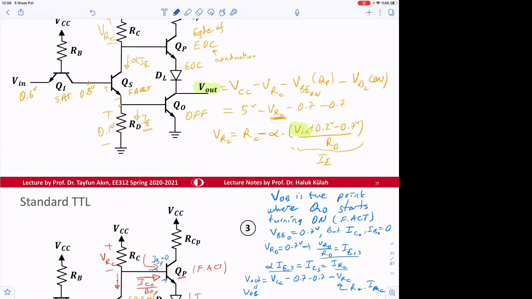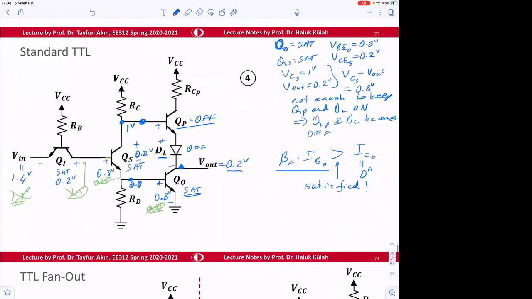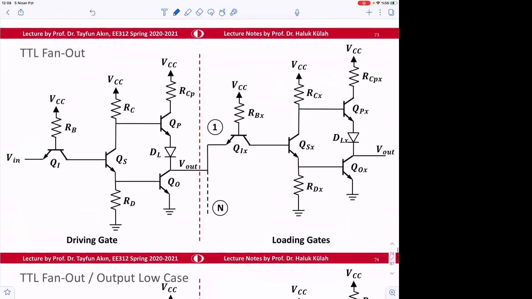Maybe it will take time to calculate the current values and voltage values. But one other trick is that in order to find those transition points, we already calculated some of the currents. So if you need to calculate it again, it will not be that complicated, or you can use the value before.